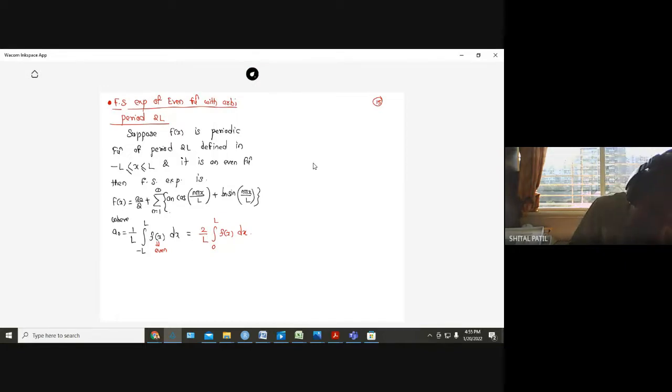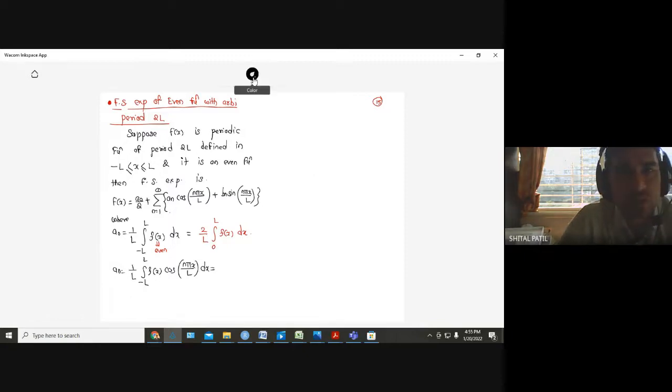Okay, now what about an? Where an equal to 1 upon L, integral from minus L to plus L of f of x cos of n pi x divided by L dx, equal to, yes, is it possible to change this also? What is known about the f of x? Even function.